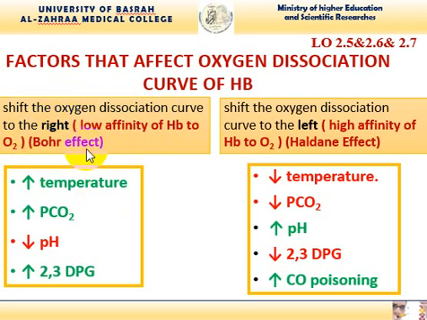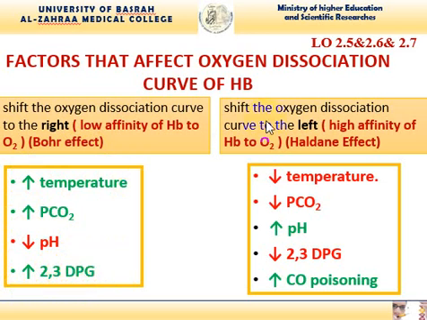This effect is a response to high temperature, high PCO2, which is high partial pressure of carbon dioxide, a decrease in pH, and an increase in 2,3-diphosphoglycerate, whose other name is 2,3-bisphosphoglycerate.